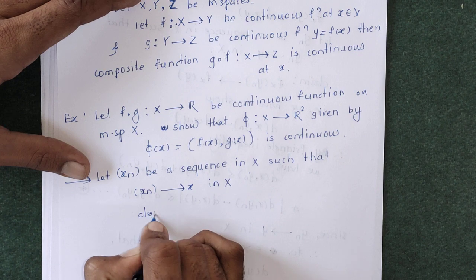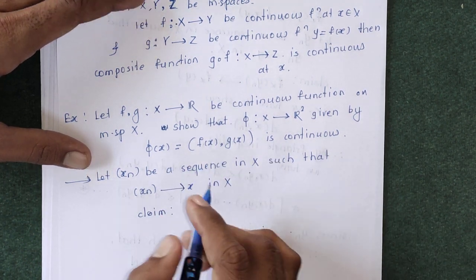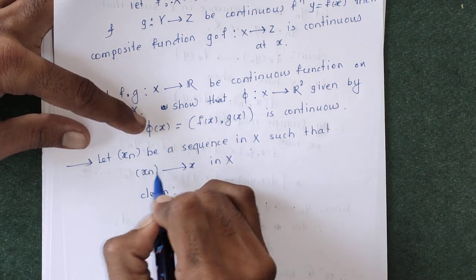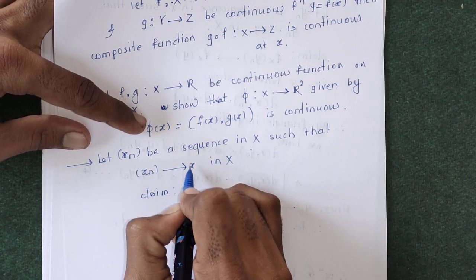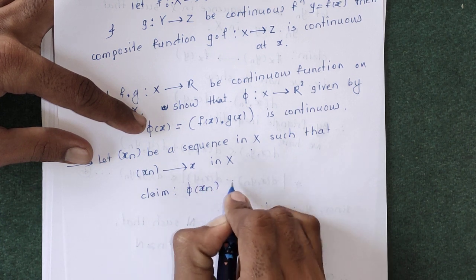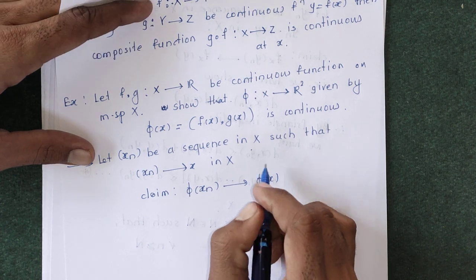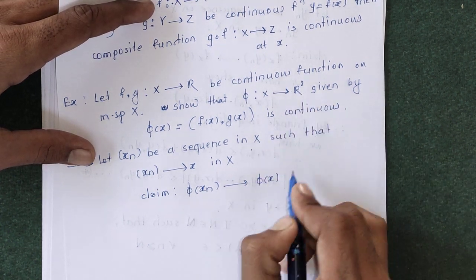So our claim is that phi is continuous, that is, we have to show that phi of xn converges to phi of x in R square.